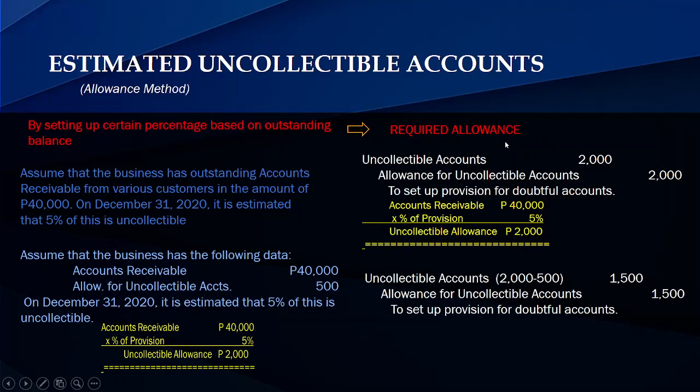So you don't need to worry on what to do, because as I am going to reiterate, what will be computed here will be our required balance. Meaning to say, you have to consider if there is a beginning balance in the books of accounts. So our entry would be uncollectible accounts 2,000, and we will credit allowance for uncollectible accounts 2,000.